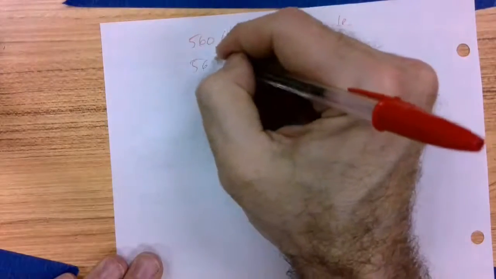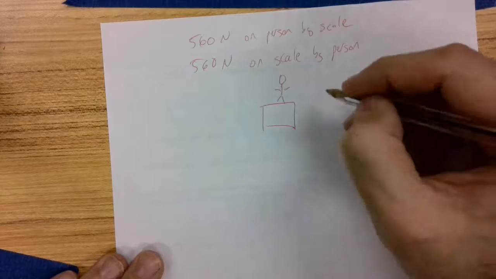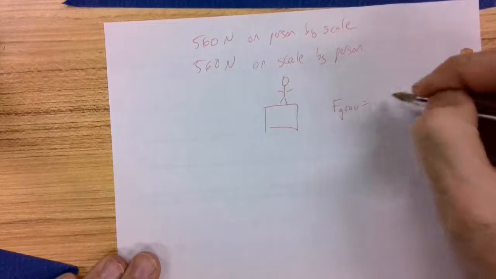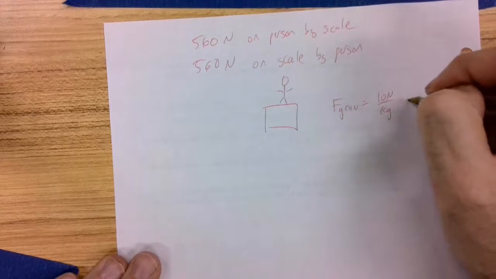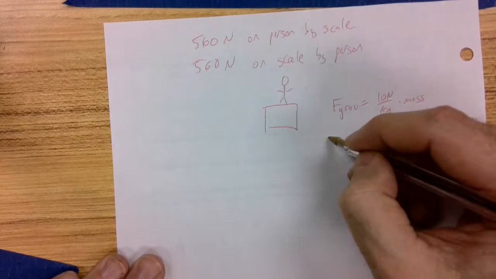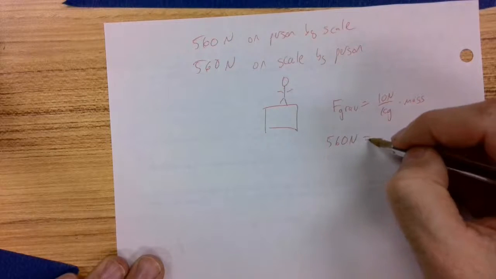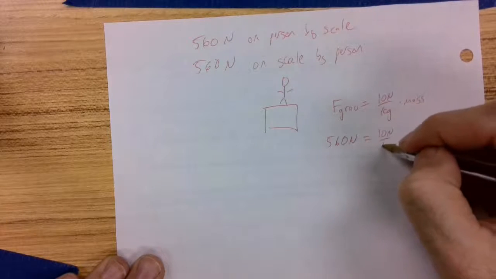I'm going to claim that clearly means 560 newtons on scale by person. Person standing on scale, scale says, hey, 560 newtons, how much is on me? The scale is designed so that if it's feeling squished by 560 newtons by the person above it or the thing above it, it's going to read a mass of what?